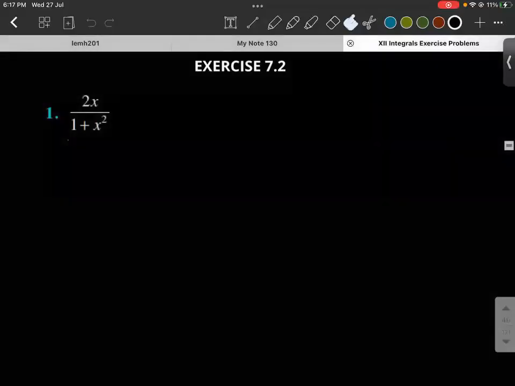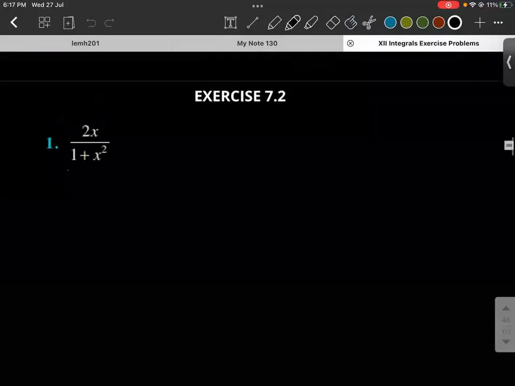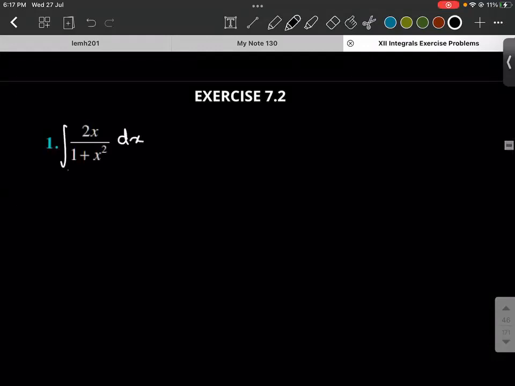Okay. Integral of 2x divided by 1 plus x square. So look at the numerator and denominator. If the numerator is the derivative of the denominator, you can always take the denominator and substitute it as t. If you do this, you will get 2x dx will be equal to dt. Is everyone clear with this step?